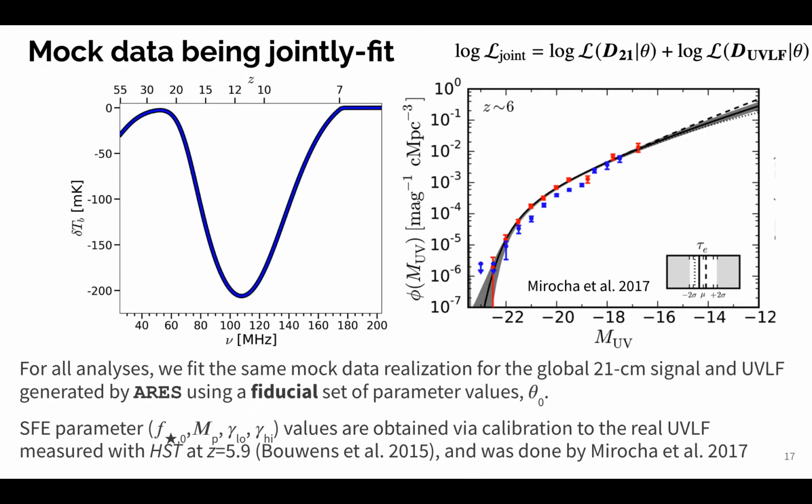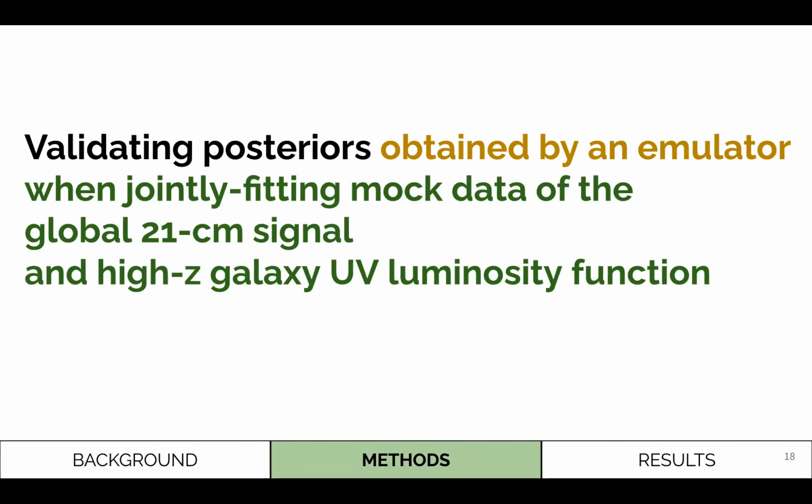We're fitting these 2 data sets together and exploring their likelihood throughout the parameter space. So we've gone through what the global signal means and what the UVLF is and what it means to jointly fit mock data sets by doing Bayesian inference and nested sampling. And so now let's go on to the emulator.